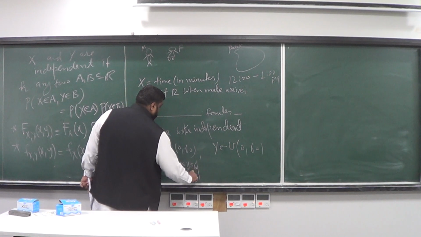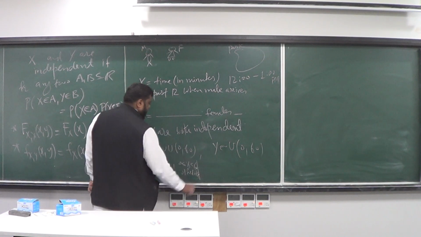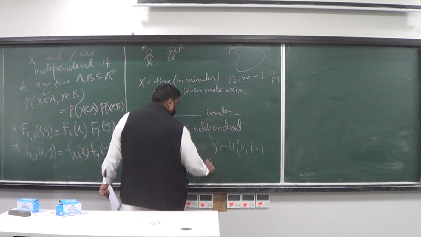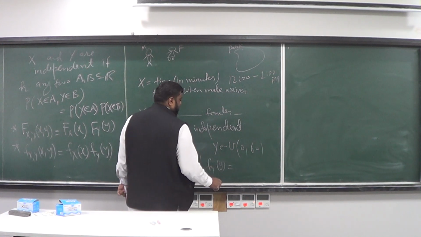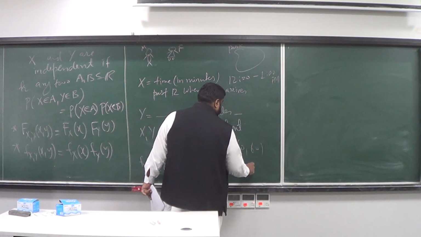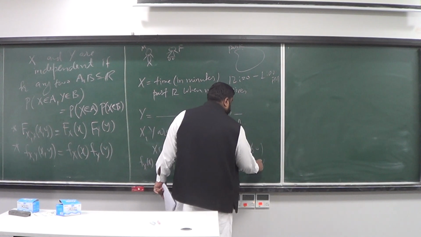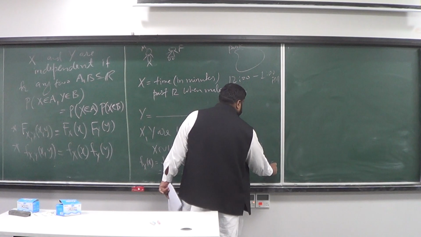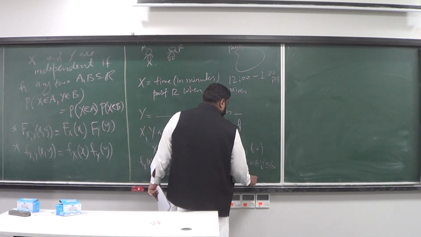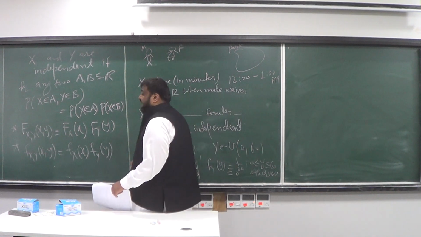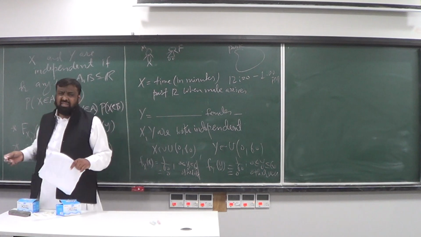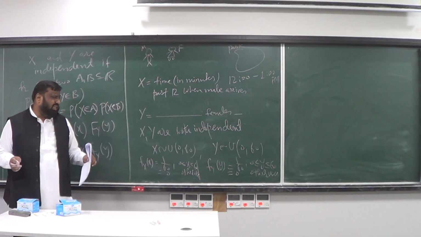Similarly, the PDF of Y is 1 over 60 when y is between 0 and 60, and equal to 0 otherwise. It's impossible that they arrive at any time other than this 60-minute interval.